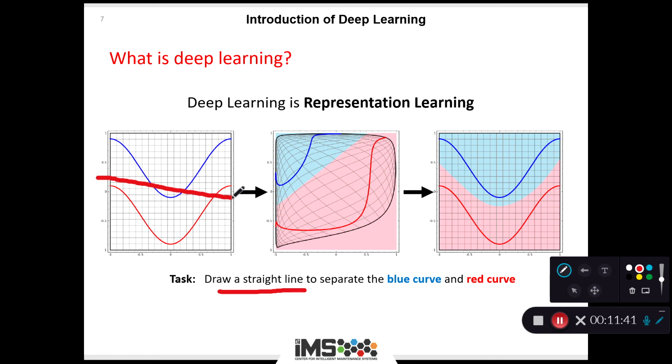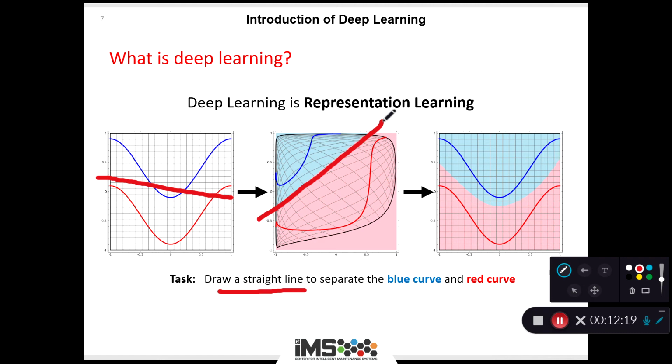But we can learn another representation of the raw data. We can do some projections, some mapping from the original space to a higher level space. Like we can do a mapping from here to the middle figure. And the red curve will be like this, and the blue curve will be like this. And in this representation space, we can easily do the task. We can use the straight line to separate the blue and the red curve. So this task can be finished in the higher level data representation space and not in the original space.